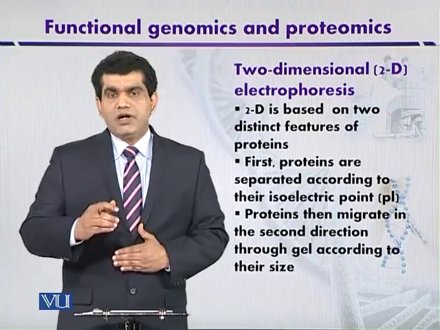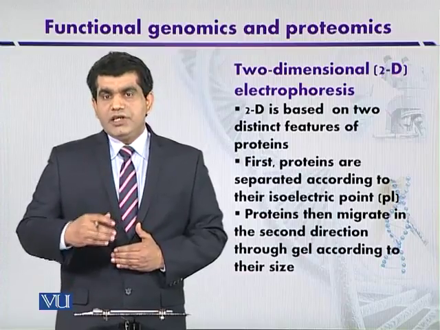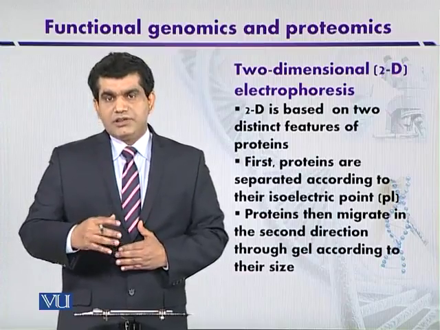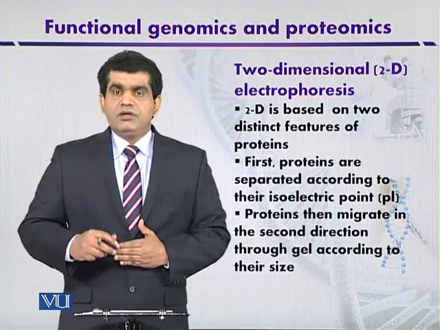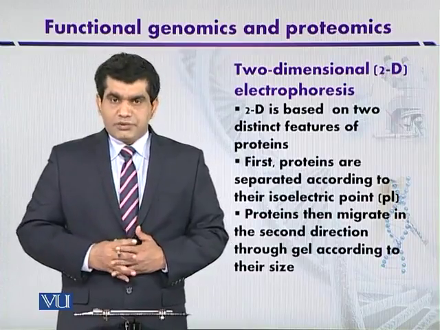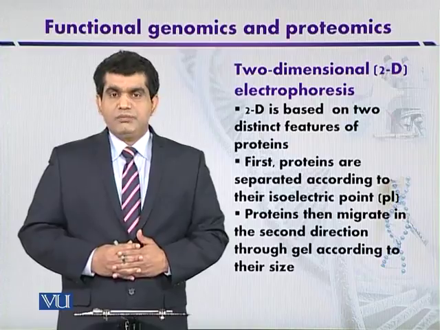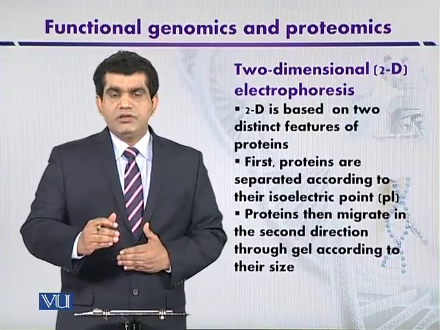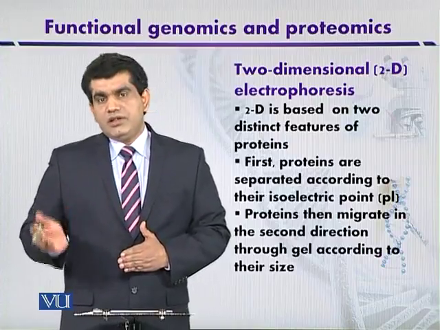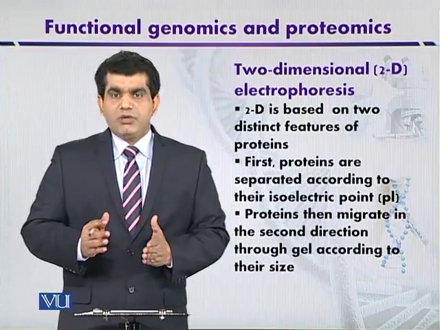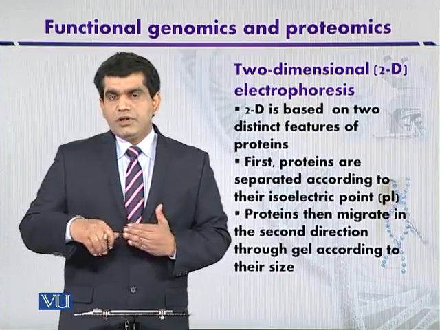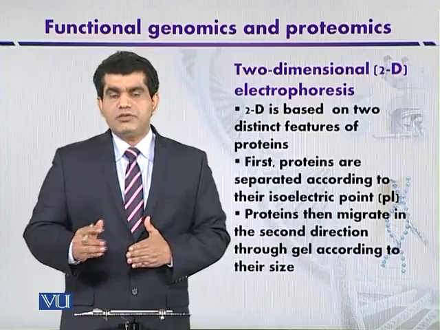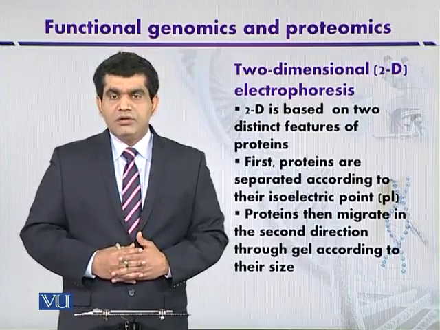As the name of this technique indicates, a two-dimensional approach is used, where protein is first run in one direction and then in the other direction, so that protein molecules will be resolved or separated from one another.